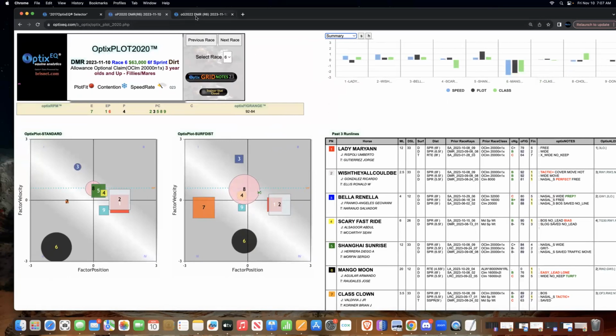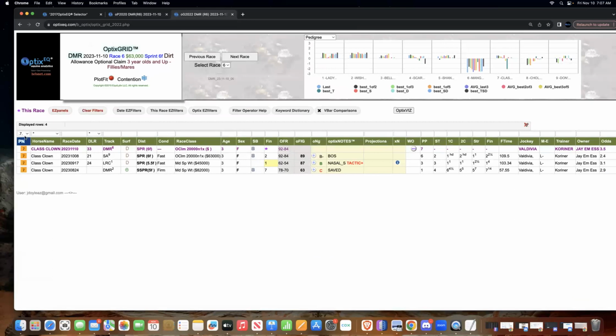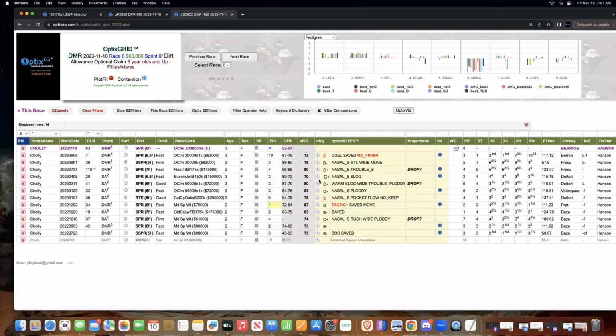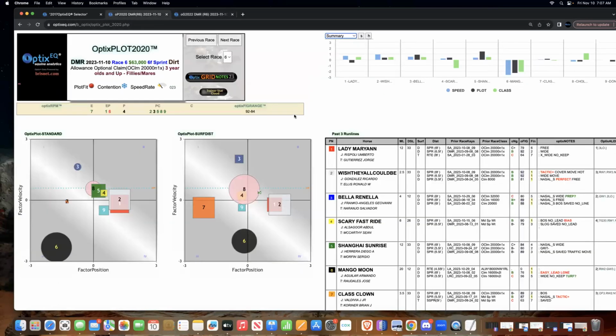So we always want to evaluate class edges in these optional claiming or claiming races. So let's look at the 8. Kind of went off form, laid off. I don't think this horse, based on current form, is probably a good use.